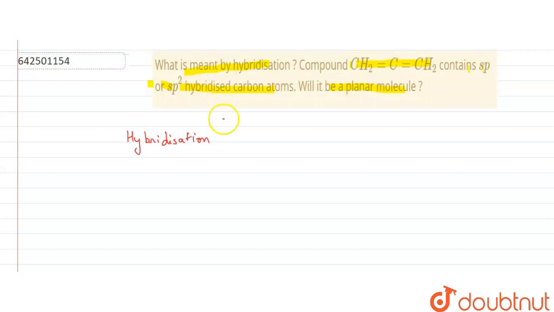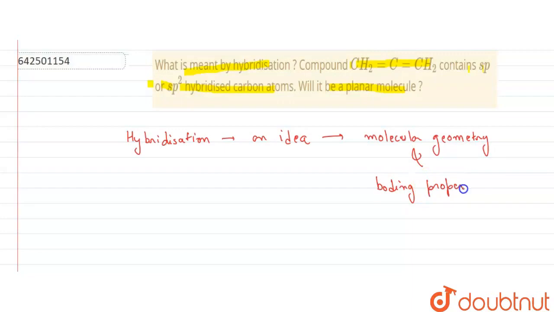So basically, hybridization, let me write, it is an idea for defining the bonding properties and the molecular geometry. So let me write molecular geometry and the bonding properties. So this is what hybridization is.